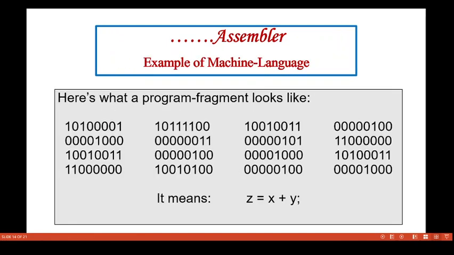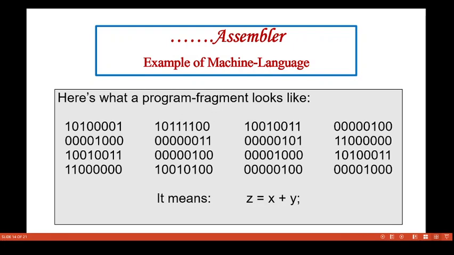So these are the binary numbers that only a machine can understand. Here is what a program fragment looks like for computing x plus y. It converts all the high level program into machine language.